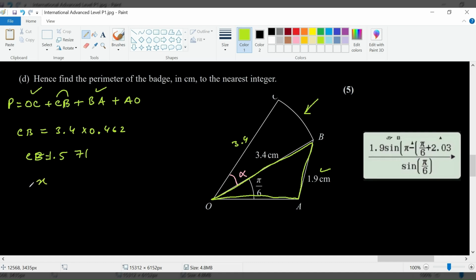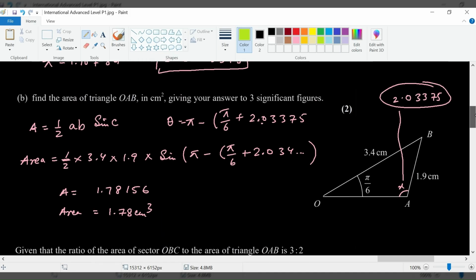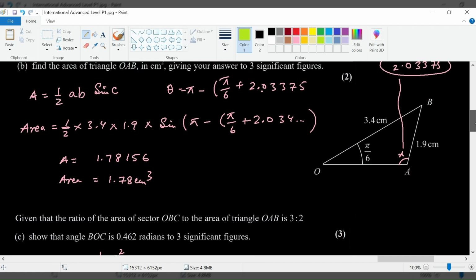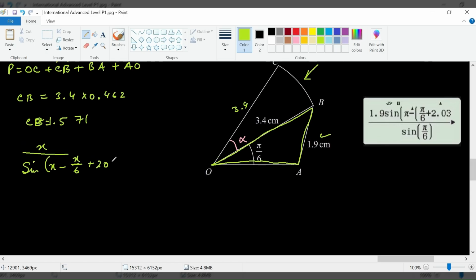We have x, which is unknown, and sine of x minus pi over 6 and plus 2.0337, and this is for 1.9, which is in proportion to sine of pi over 6.